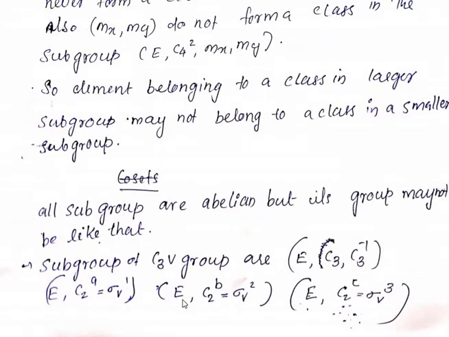Then E, C2B, where C2B can be written as sigma V2, forms a subgroup, and another subgroup of the C3V group is E, C2C.